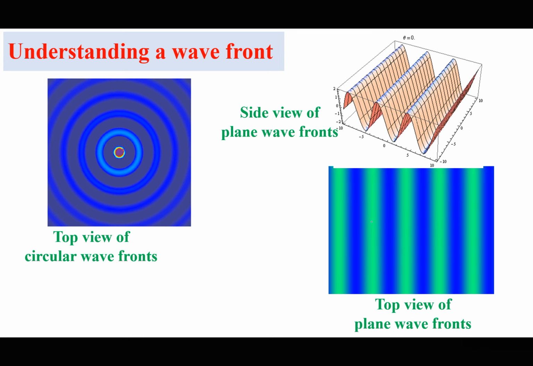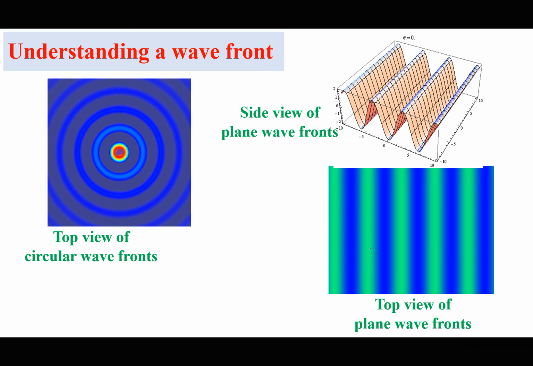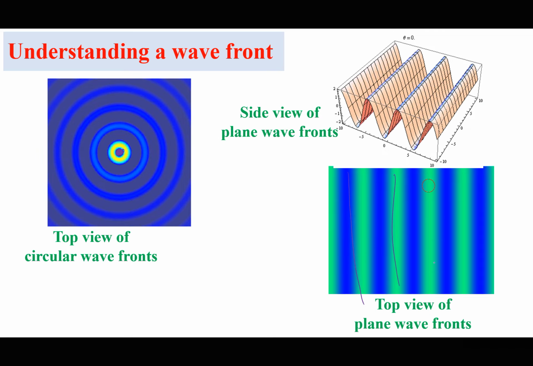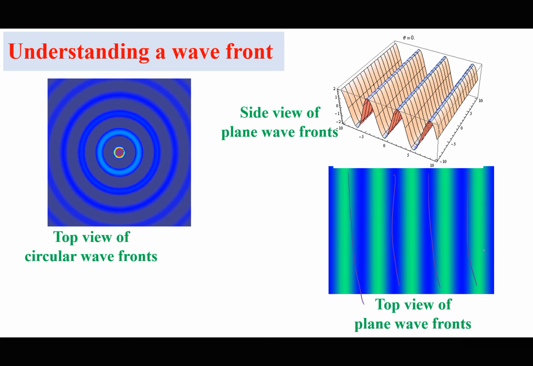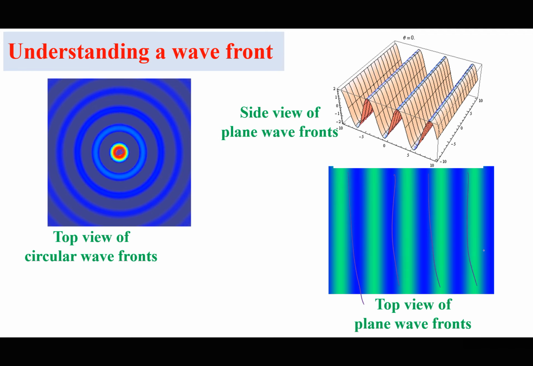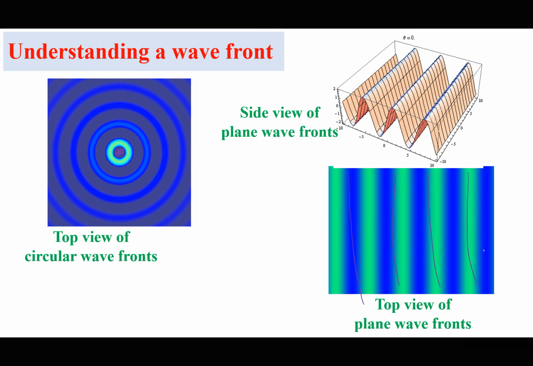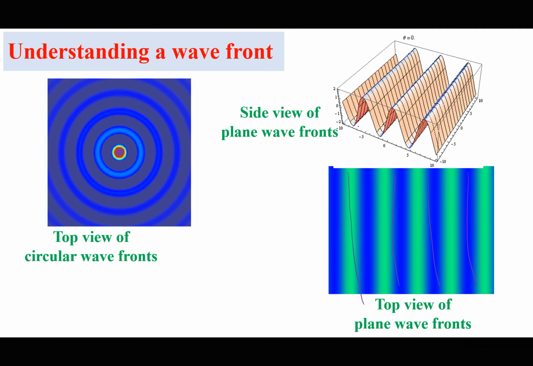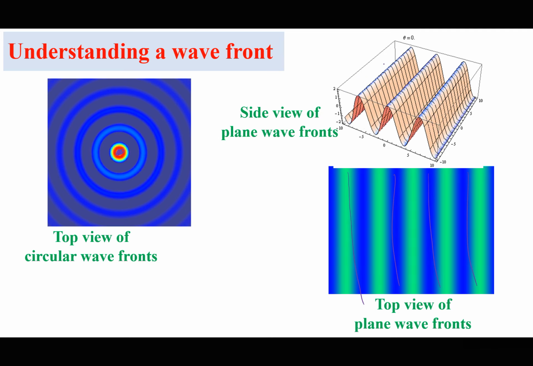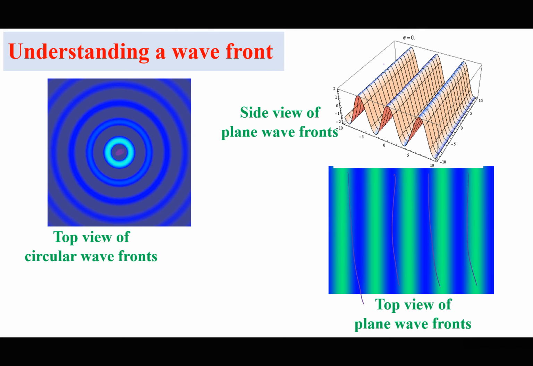If I drop a straight stick or ruler horizontally onto the water surface, these are the wavefronts that I see. They are plane wavefronts. If you view a water wave from the sides, you may see something like this, and if you view it from the top, you may see horizontal lines which are called plane wavefronts.